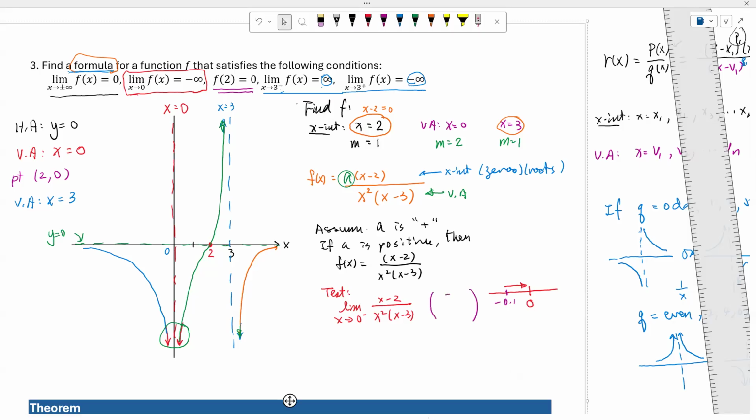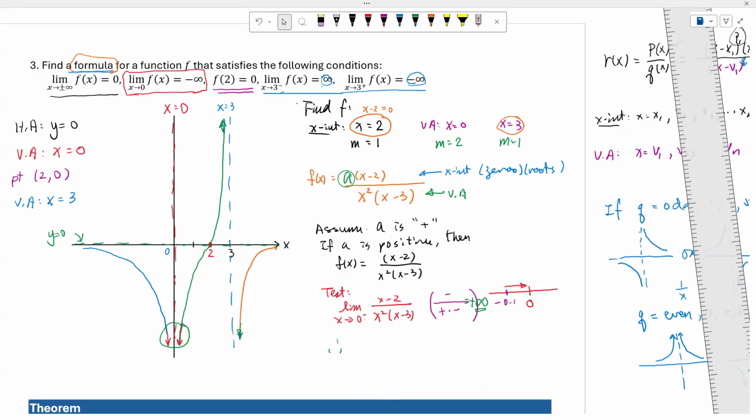Now, if we replace x with negative 0.1, let's check the signs. The top is negative. Negative 0.1 squared is positive, and negative 0.1 minus 3 is negative. So it turns out that this one is positive infinity. So as x approaches 0 from the left-hand side, the output is infinity, which contradicts the graph that we have.